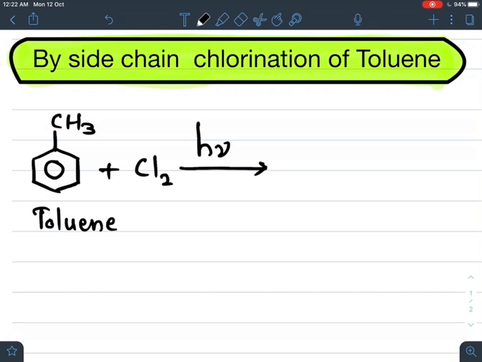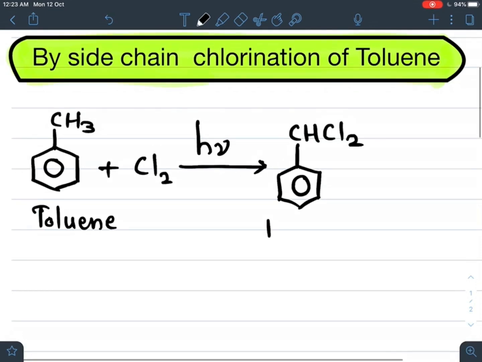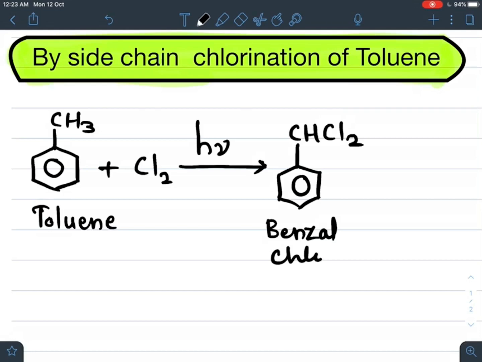By the removal of two hydrogens, one hydrogen remains and two hydrogens are replaced by two chlorines. So we get an intermediate product, and the name of this product is benzyl chloride. This benzyl chloride undergoes acid hydrolysis.